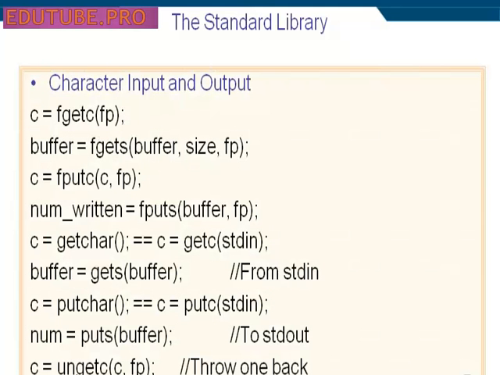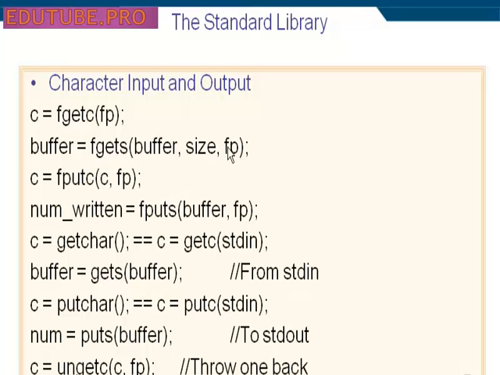There's also character input and output, after we have a file open or we're going against standard in and out. Here we have fgetc from a file pointer, which gets a single character. fgets will read a string from a file into a buffer up to this many characters. Plain gets reads from standard in.